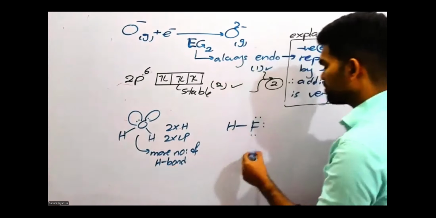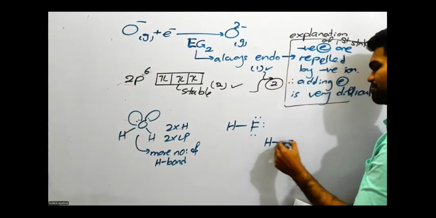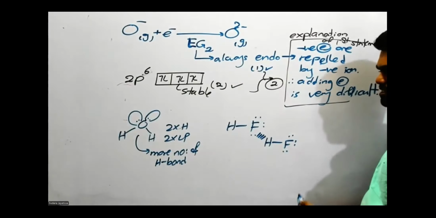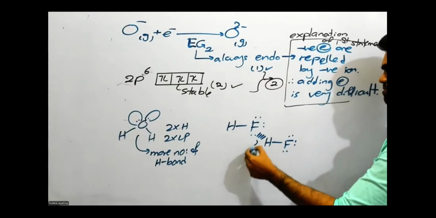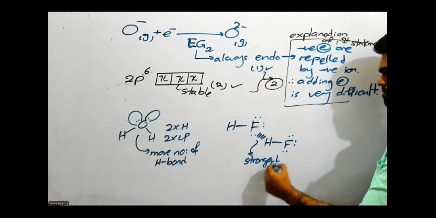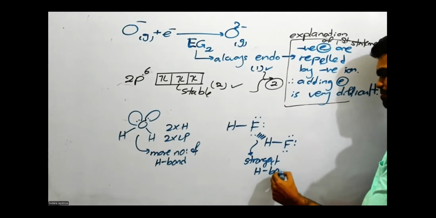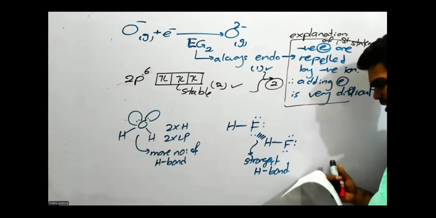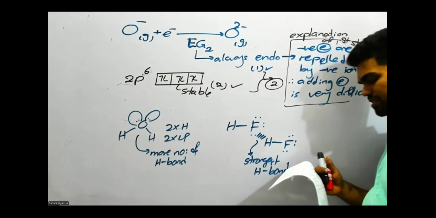Otherwise, HF will form the strongest hydrogen bond, but still the number of hydrogen bonds dominates the strength. So here, strongest H bond. Now look at the statements.